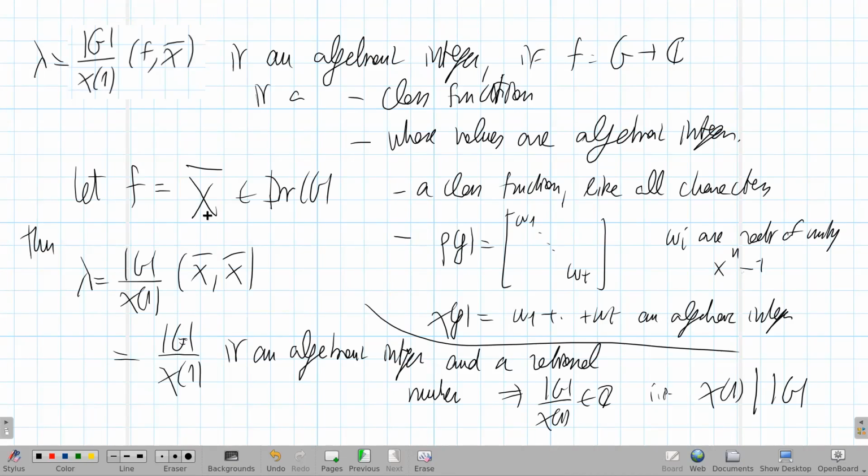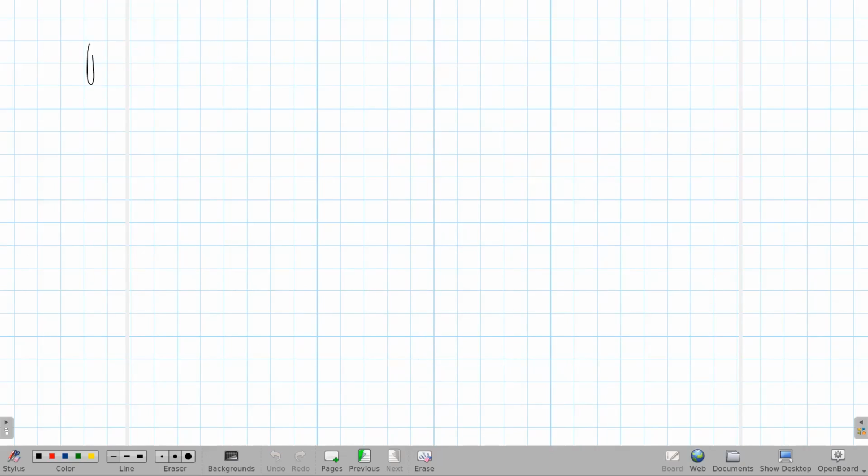okay, just a comment about this conjugate, which I haven't discussed very much in detail. I must have mentioned this, but let's take an irreducible character. Well, in part, I could do it with any character.